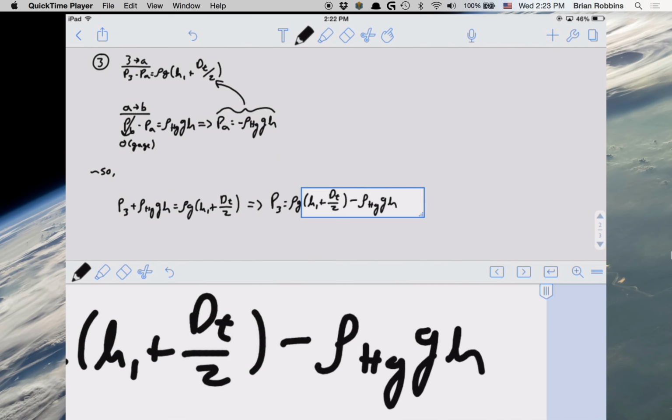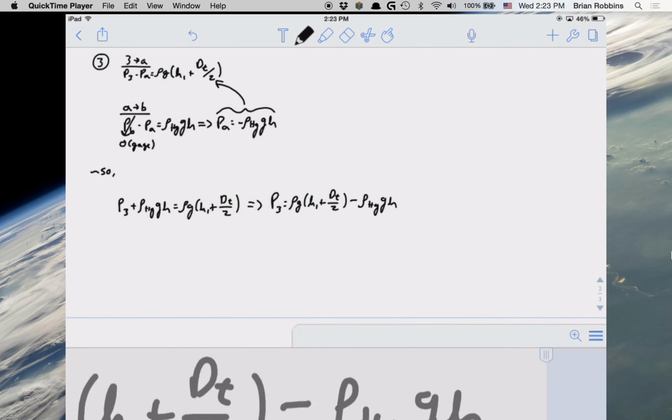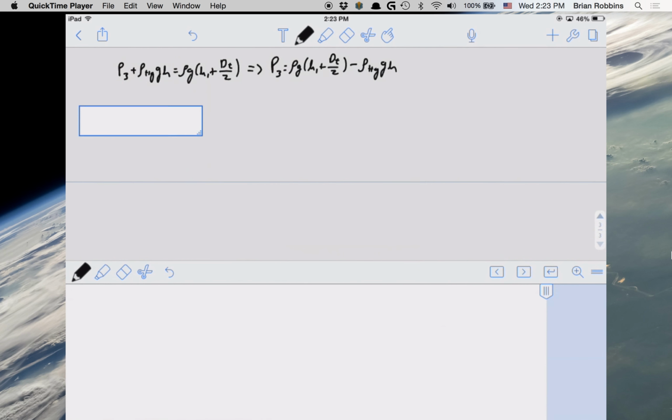Okay, cool. So now we have P3 via solving our manometer problem. So now what we can do is just equate the P3 that we found via our Bernoulli's equation with the P3 that we found in solving the manometer and solve that for H, and we have our end result. So let's go ahead and do that.